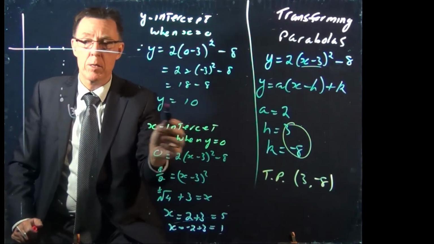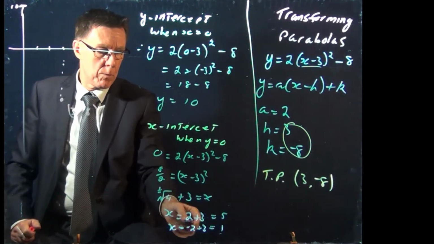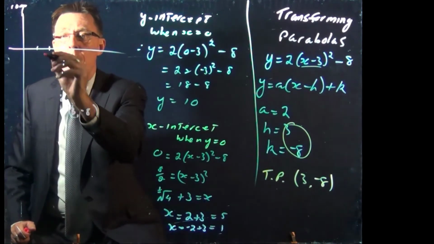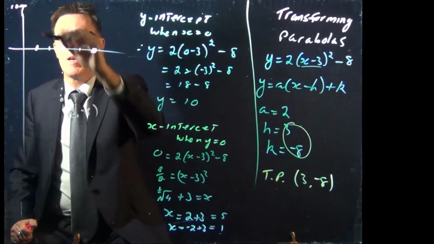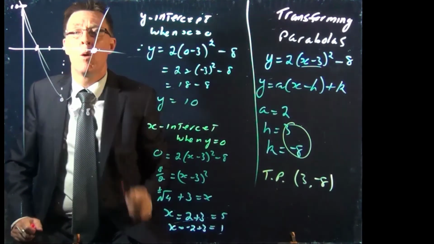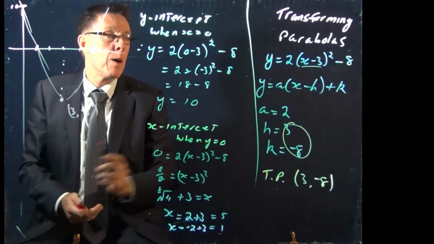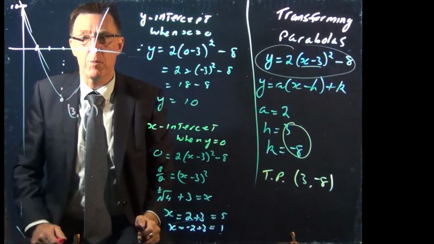And I cut the y-axis at positive 10, up here somewhere, and looking for roots at 5 and 1. Join that up, voila. You have a pretty good sketch of what this function looks like when it's in turning point form.